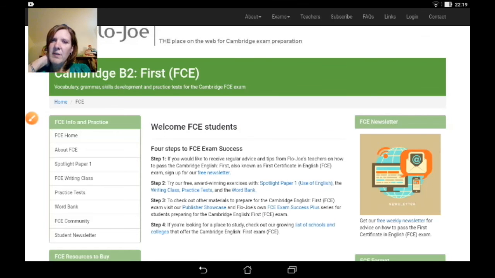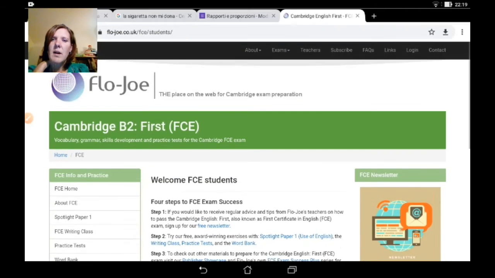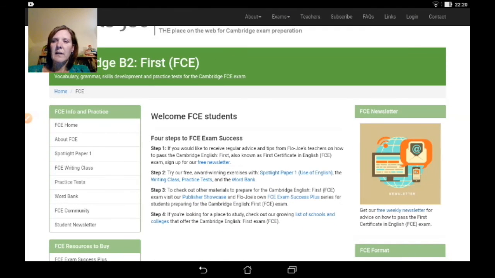So just before we finish, I wanted to show you the website that I mentioned before. So it's here. You can see the address at the top of the page. And I'll send you the link as well. So basically it's this web page with all kinds of exercises to prepare for the exam.